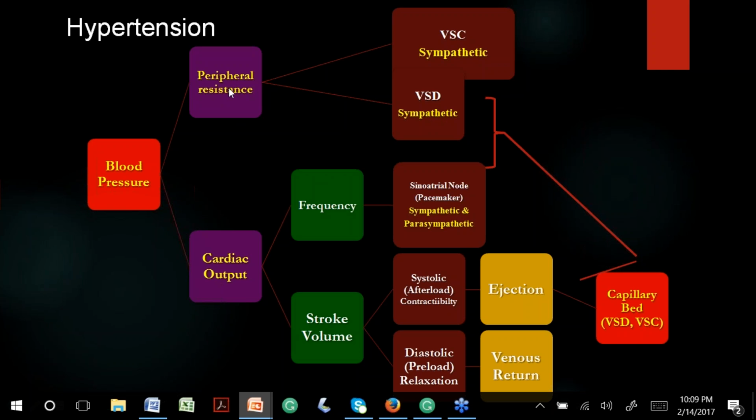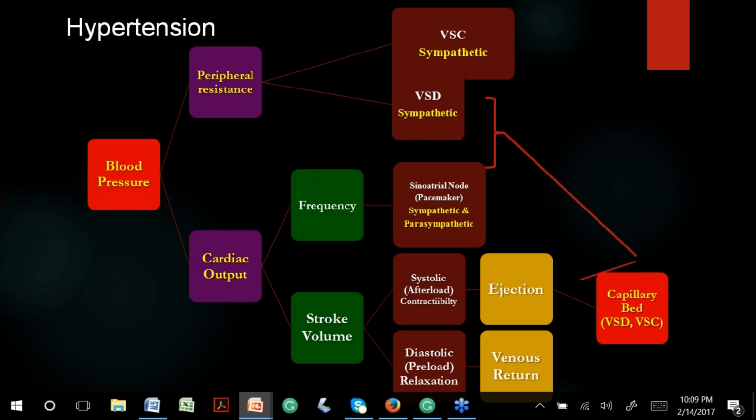When you have vasodilation, the peripheral resistance goes down. It's easier to flow if you have more dilated vessels. Cardiac output is related to the frequency and the stroke volume. The frequency is the heart rate, and the stroke volume is the venous return.